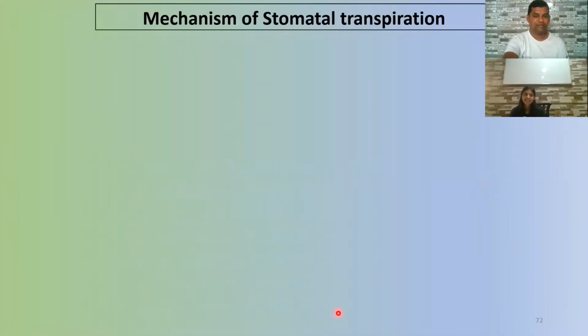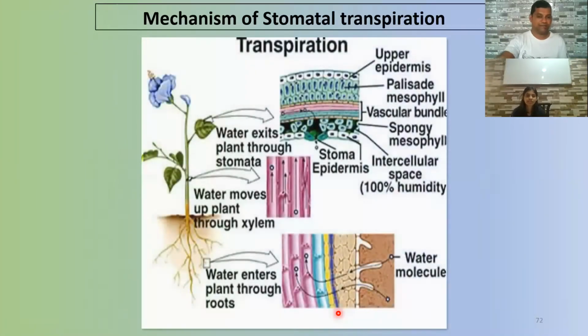So the mechanism of stomatal transpiration is again very easy, with almost all similar things once again. Water enters through the root hair, undergoes lateral translocation to the root xylem, then moves up through the xylem all the way to the leaves, the mesophyll cells.